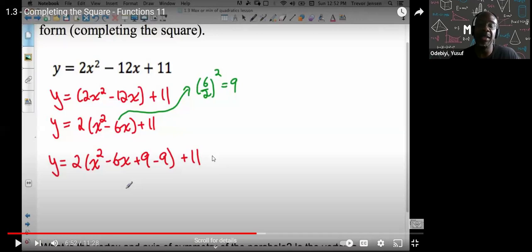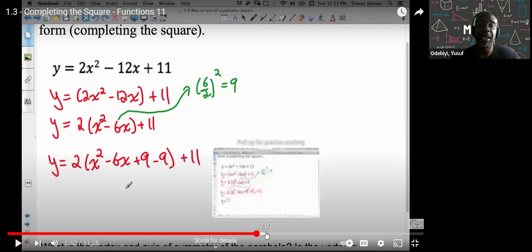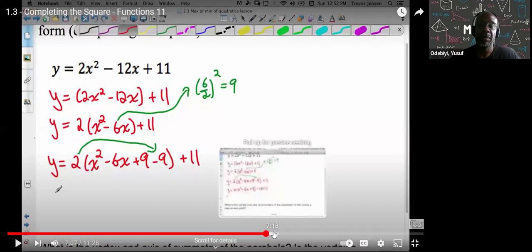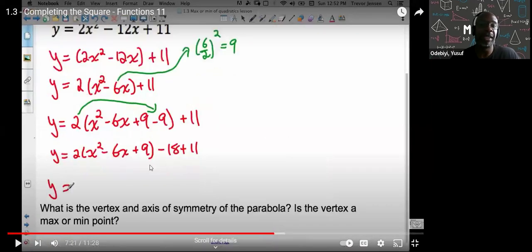It's going to be minus 18 outside the bracket. Okay. So when I go to the next line, I got to multiply by 2. And it looks like this now, right? So 2 on the outside, I'm left with 3 terms inside the bracket. Now I have minus 18 plus 11.